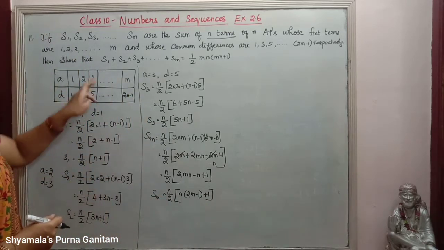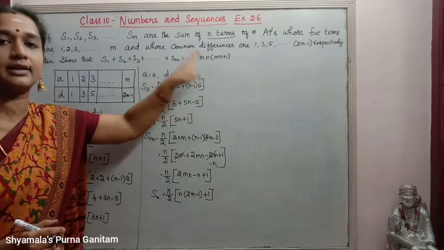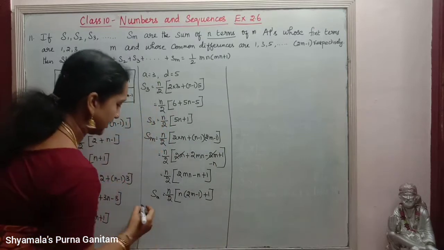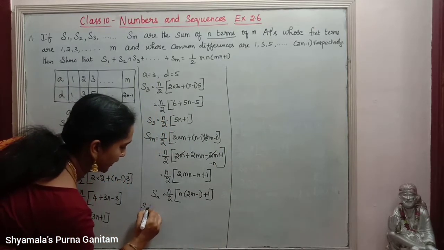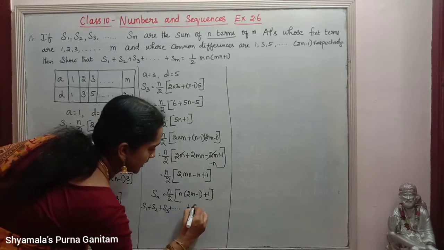Okay, so now we have to add all these things and we have to get that RHS. So we will add all the given things, that is S1 plus S2 plus S3 plus Sm.